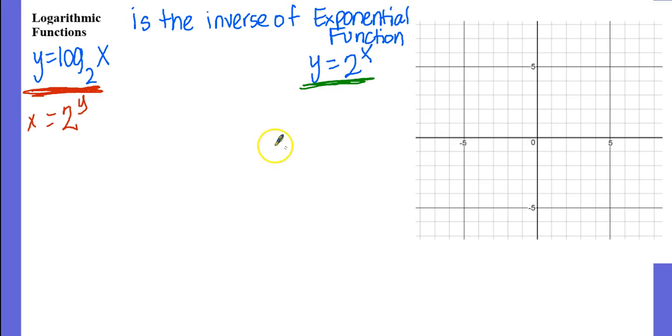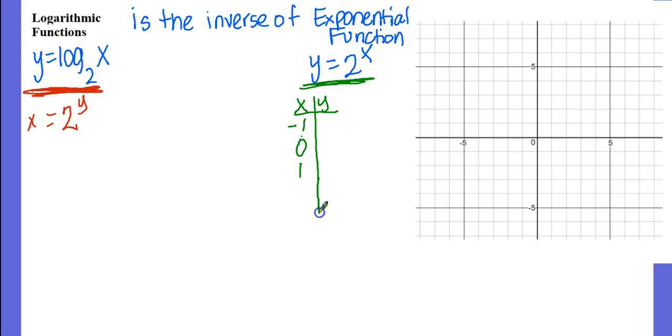So I'm picking up my green pen and let's just review how we graph an exponential. So we pick really easy points to plug in to our x value. And so we pick points like -1, 0, 1.